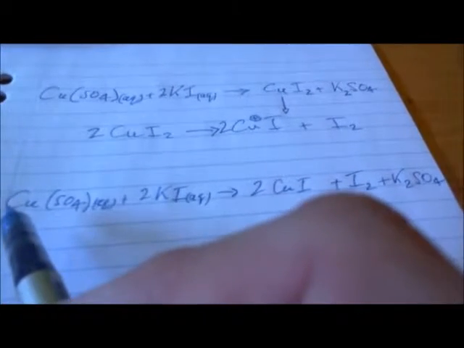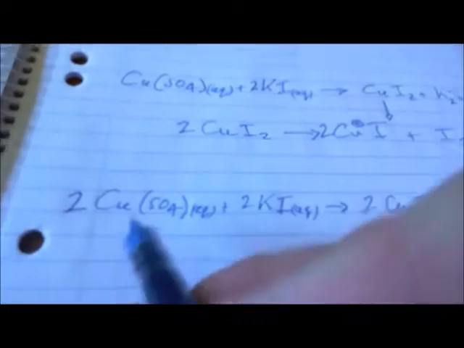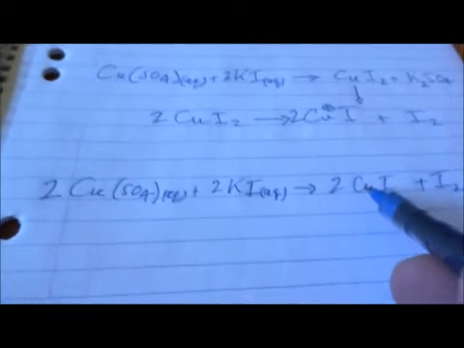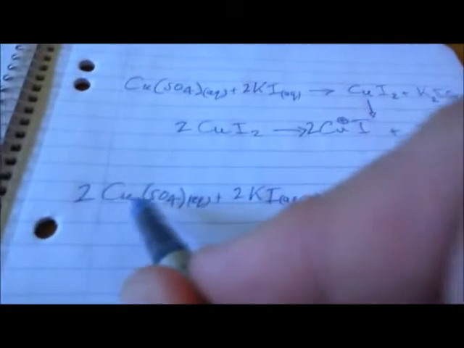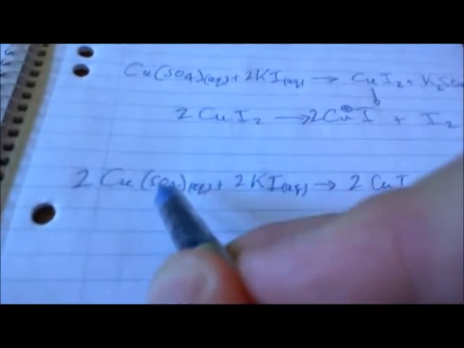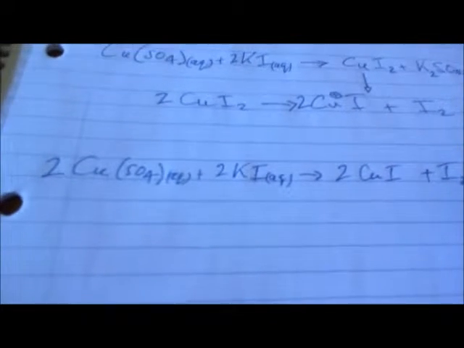So I'm going to multiply that by 2. Now I've got 2 coppers on both sides of the equation. Because I've multiplied that by 2, I've also multiplied the sulfate group by 2, so I would have 2 in front of the potassium sulfate.